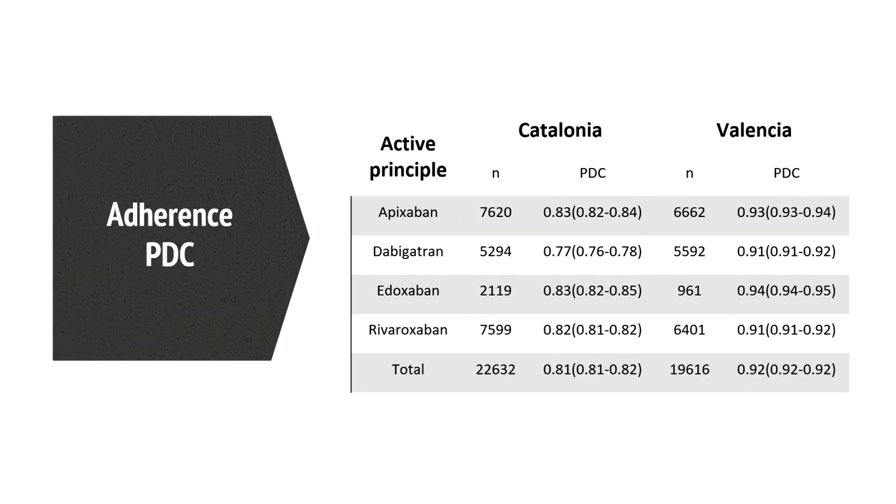This threshold is one above which patients can be considered highly adherent for most classes of chronic medication. As seen in the table, the population of Catalonia is not adherent to dabigatran treatment compared to the population of Valencia, which is adherent to all drugs according to the PDC result.